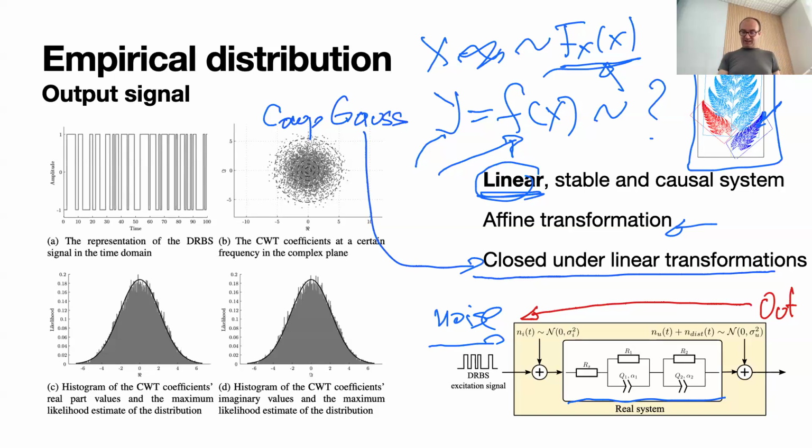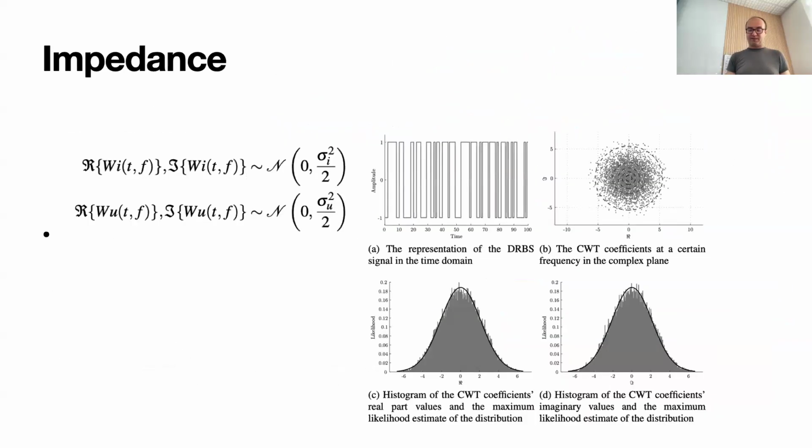What does this mean in essence? In our case, when we do ice, we have a distribution of the current and the distribution of the voltage. Both belong to the same family. So their real and imaginary components are Gaussian, each with their own variance.